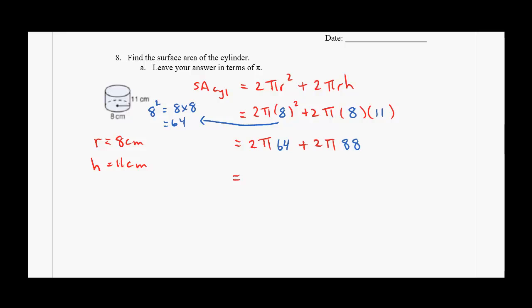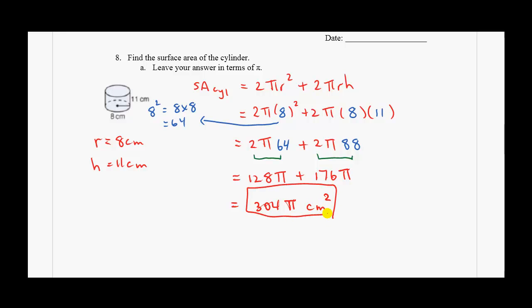We can now calculate the 2 times 64 and 2 times the 88. 2 times 64 is 128 times pi, and 2 times 88 is 176 times pi. 128 pi's plus 176 pi's gives us 304 pi's to the square centimeter. This is now the surface area of that cylinder in terms of pi.